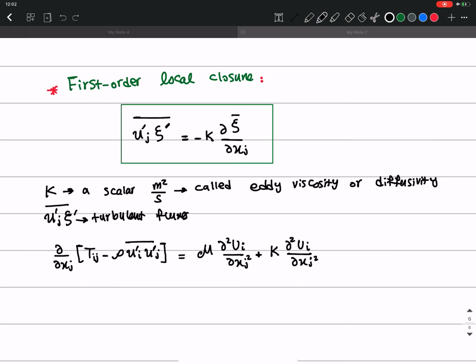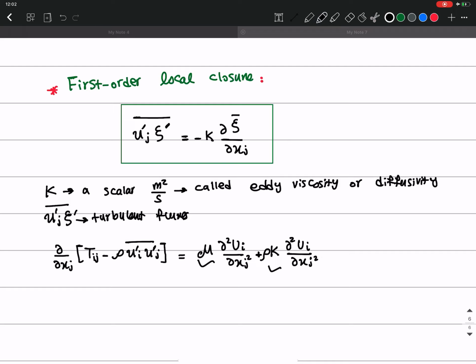And so as you see, we have a row here. So this K is actually behaving like eddy viscosity, right? These two behave like viscosity, okay?